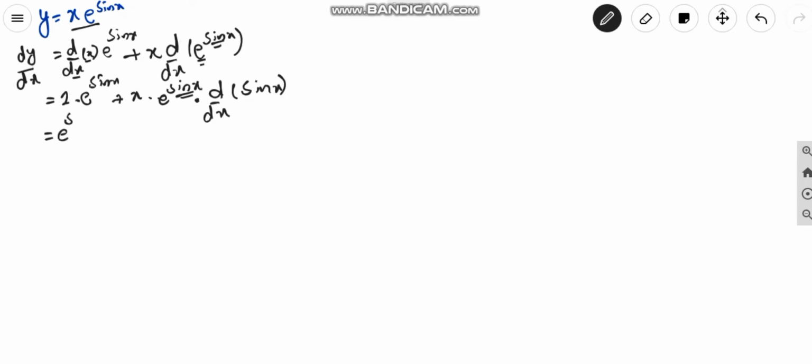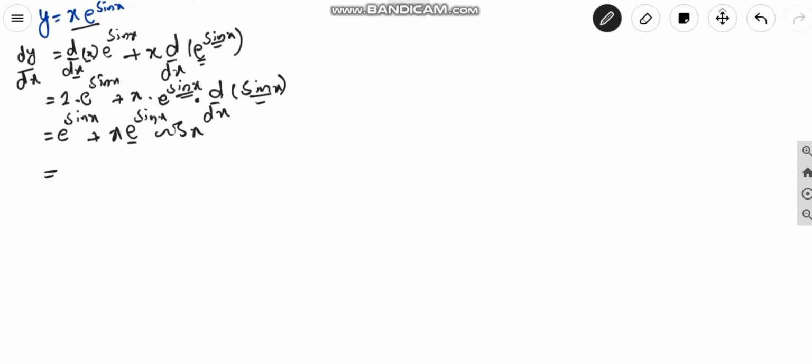Let's simplify it. 1 times e power sin x plus x e power sin x, and the derivative of sin x is cos x. In this way you can find it out.